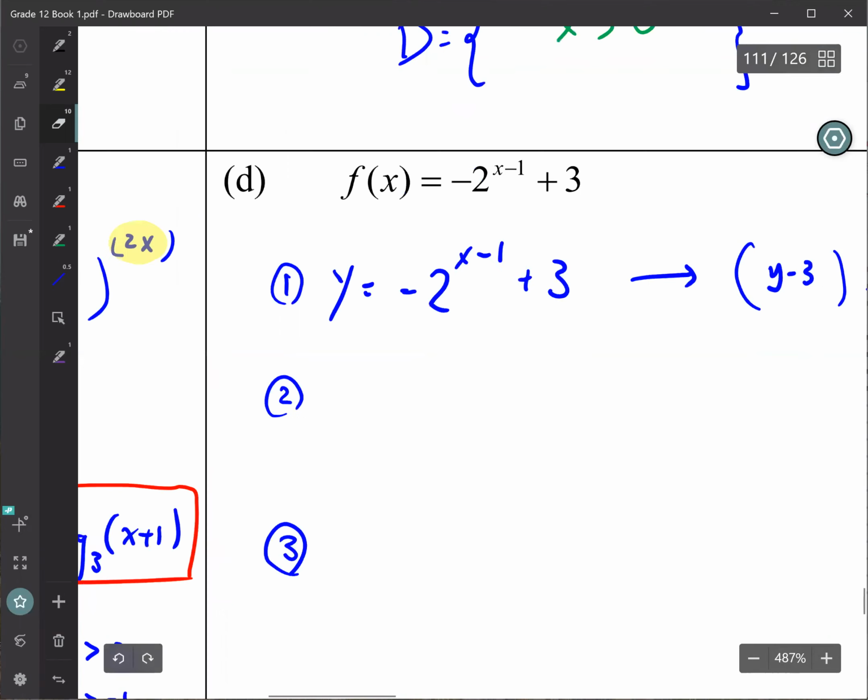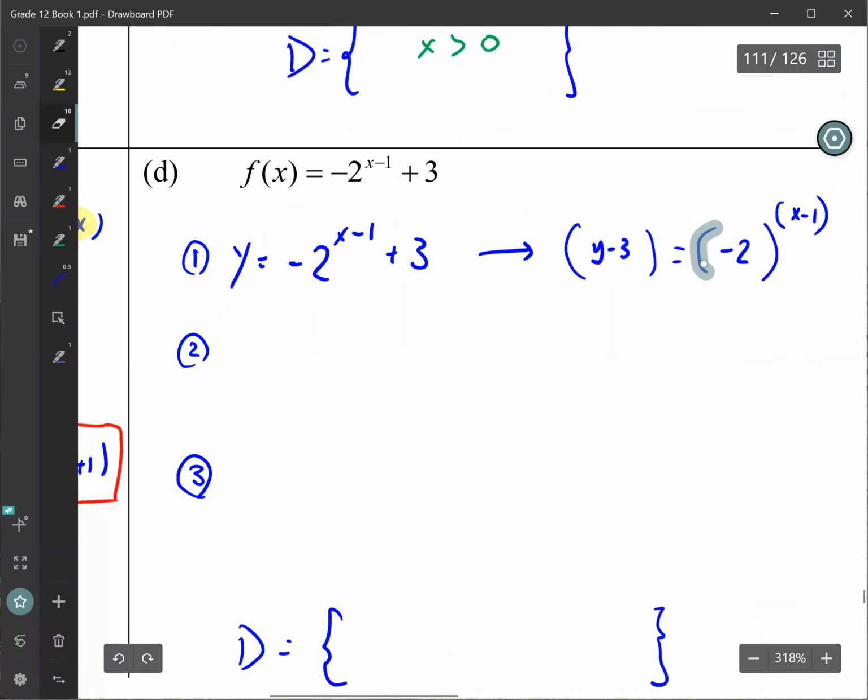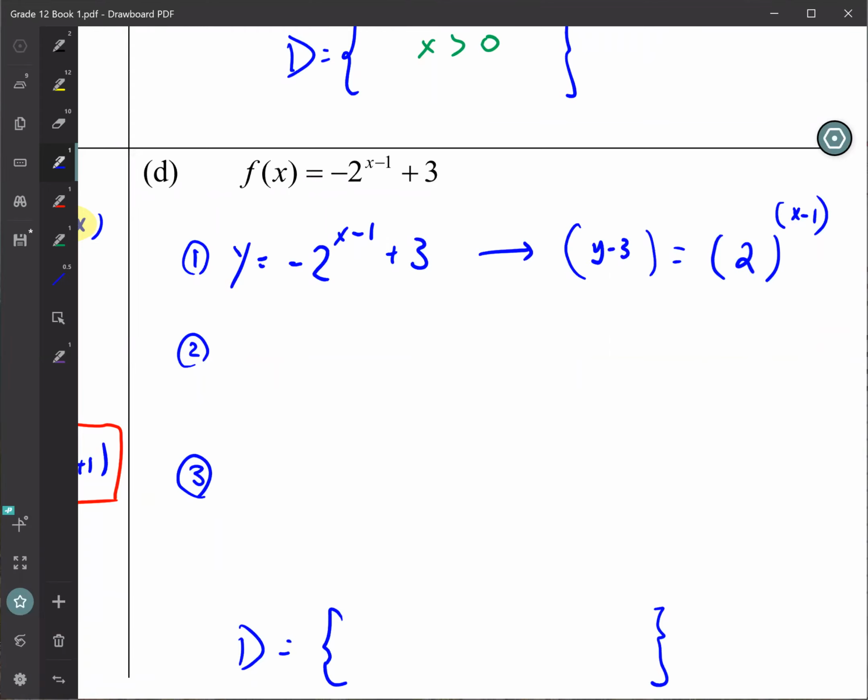The negative is movable, so you have to move the negative to the other side. So your base is 2, and the negative goes over, making it negative y plus 3. Your first step is very important, because it will affect everything after that.